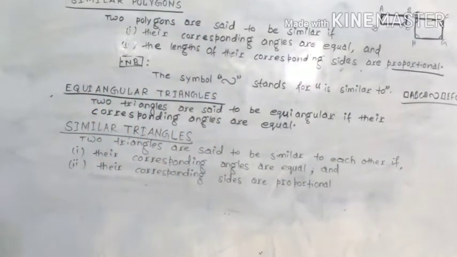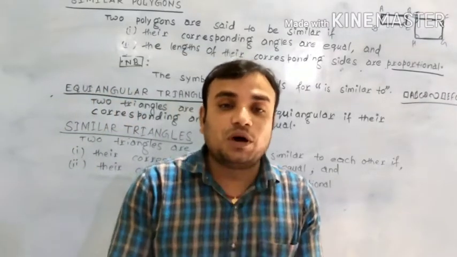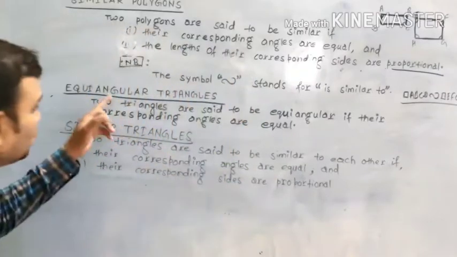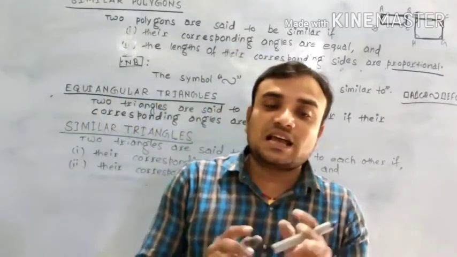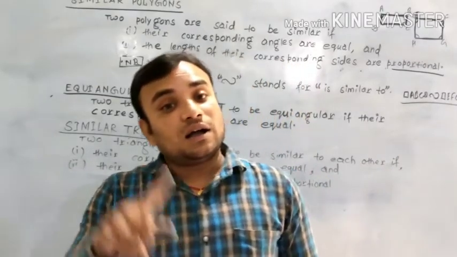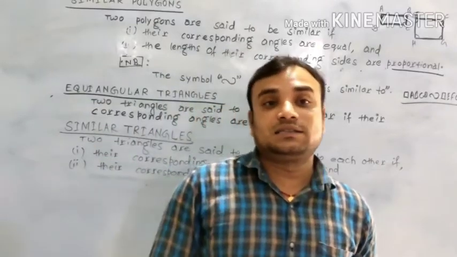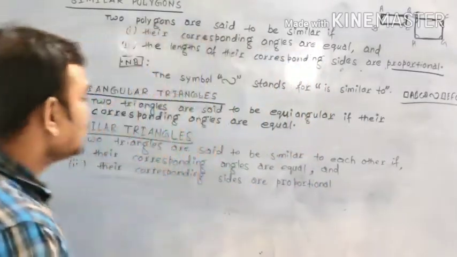Equiangular triangles. Equi means what? Equi means equal. And angular means each angle of a triangle is equal to the corresponding angles of the other triangle.